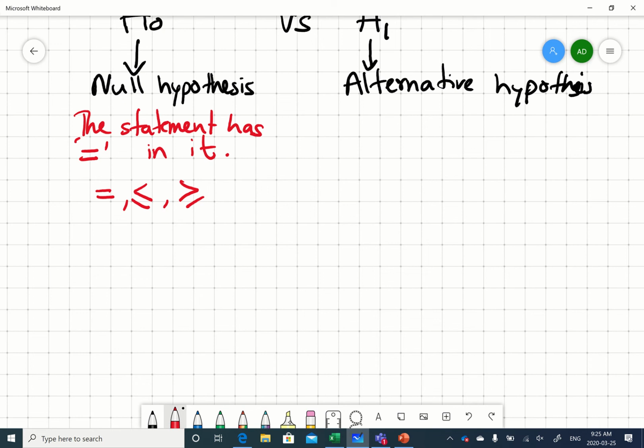Then the complete opposite of it is the alternative. So if the statement has a not equal sign or less than sign or greater than sign, then it's called an alternative.